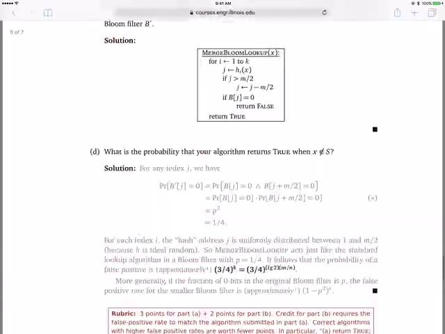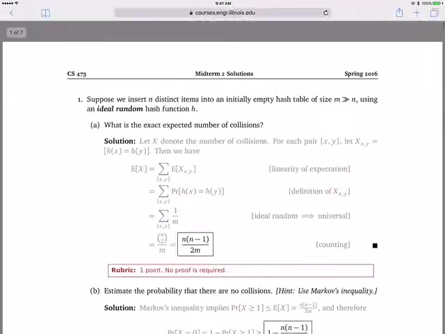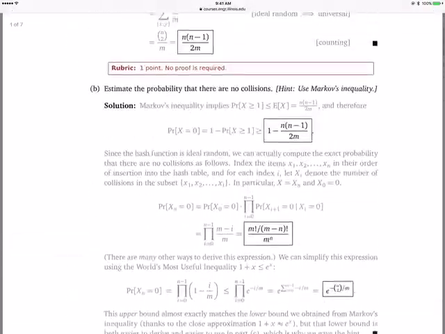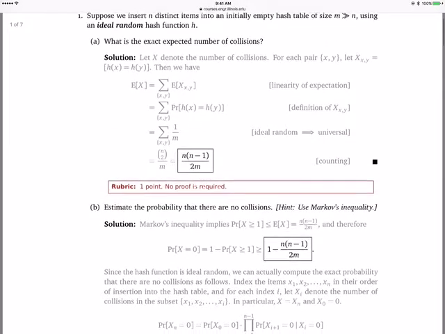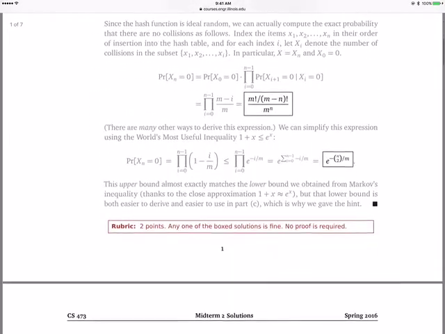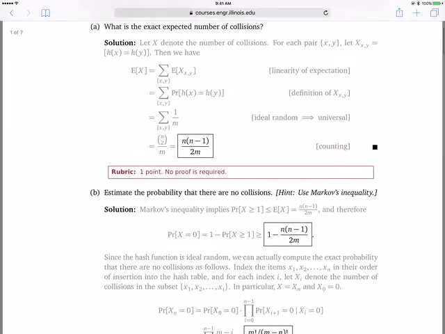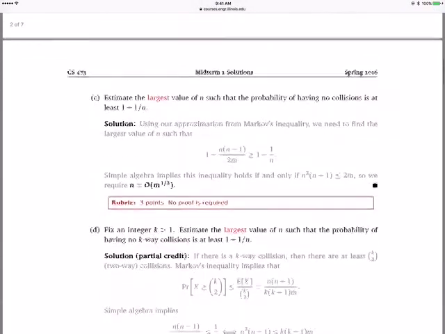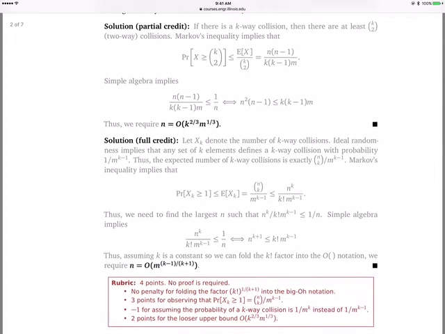And then problem 1, at least the first couple of parts, I'm expecting people to do reasonably well, and then the last part, there's a couple of opportunities for partial credit that I think most people will get some credit for the last part of D, and some people will get most of the points for the last part of D.